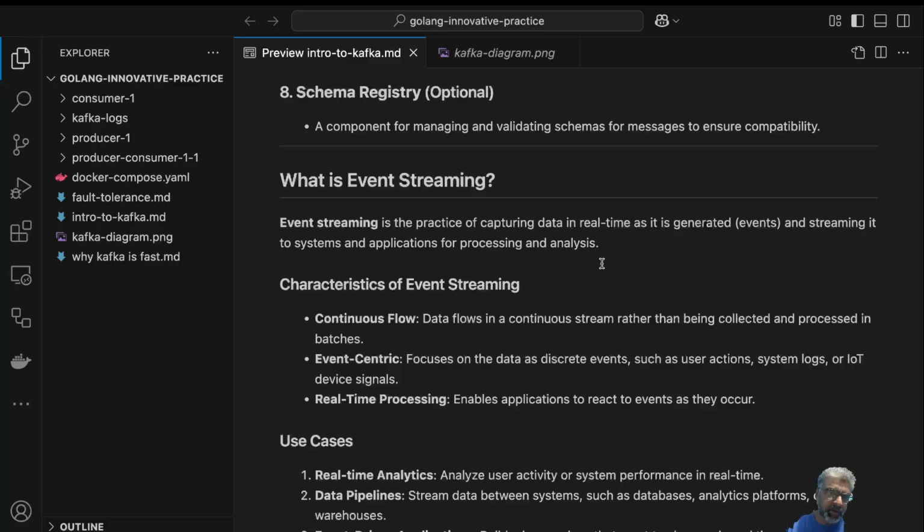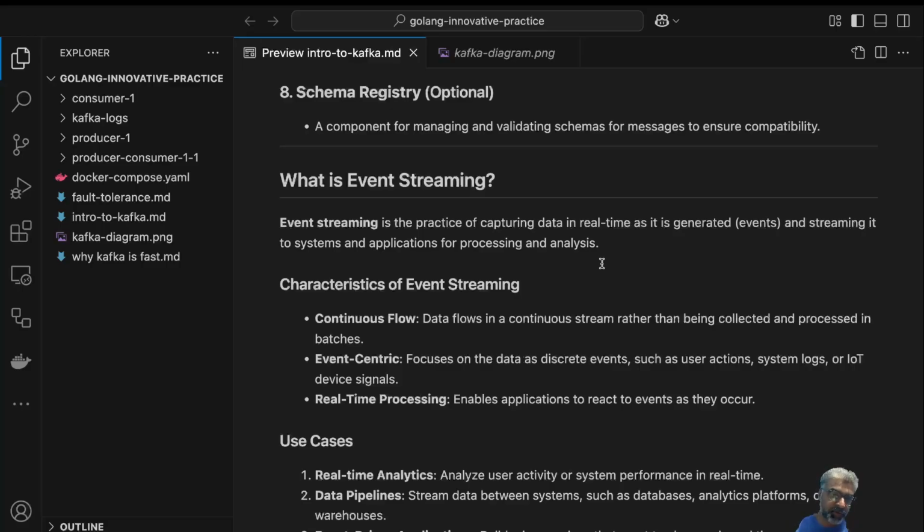The continuous flow of data may be coming from different sources, like data that is collected and then processed in batches, or data coming from your application, maybe user actions, system logs, or IoT device signals. Or real-time processing of data, something like truck information that keeps coming in. We can say real-time processing of the data.